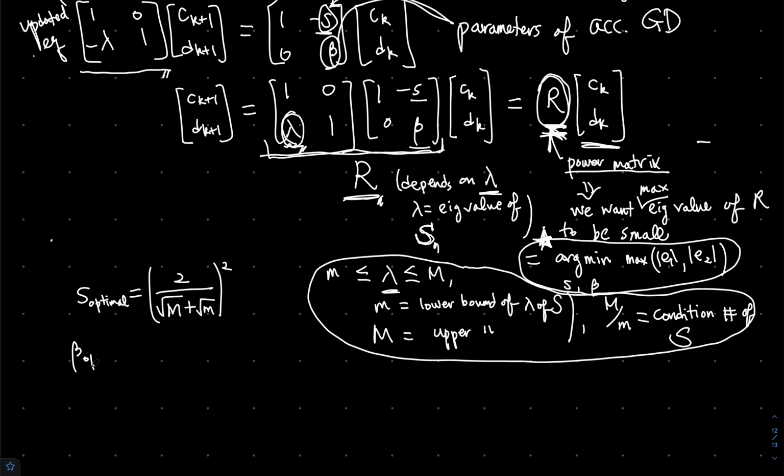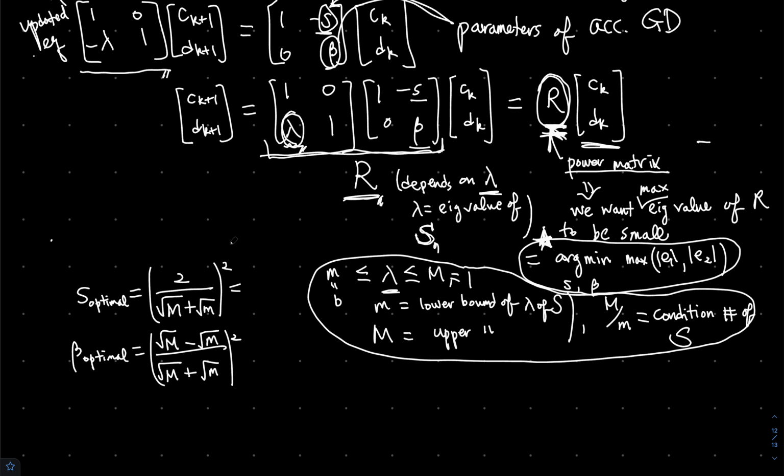And beta optimal is root of large M minus root of small m over root of large M plus root of small m, again, squared. Now, fortunately, we have a very simple matrix S where this is B and this is 1.